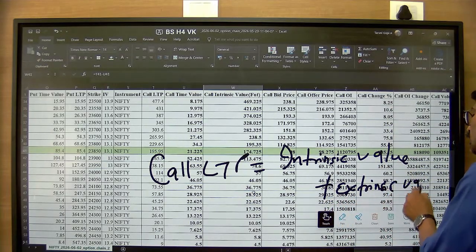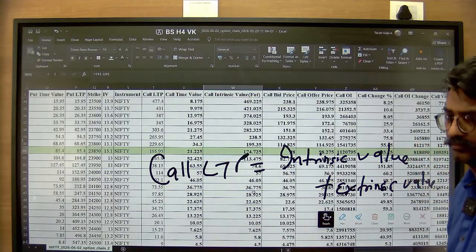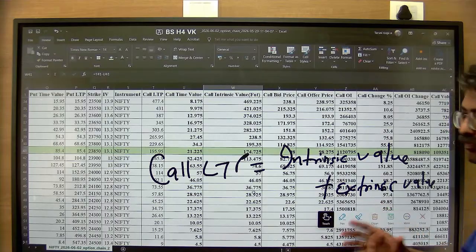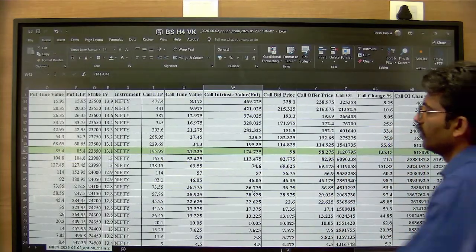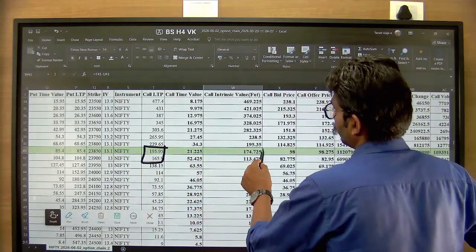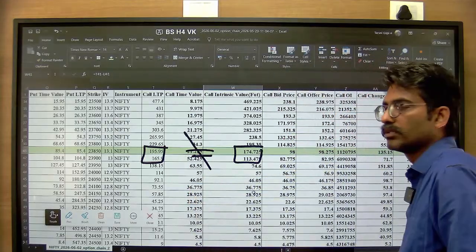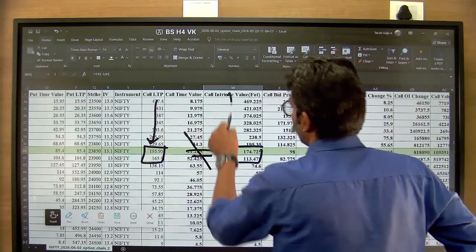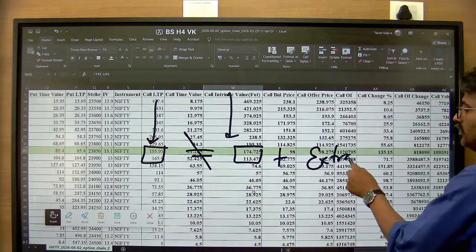Okay. Now the point is, how do I know that the concept of extrinsic value exists? First, let's prove that point. If you look at this price, you would realize that call LTP is not equal to intrinsic value. That means there is some extra factor that needs to be added.